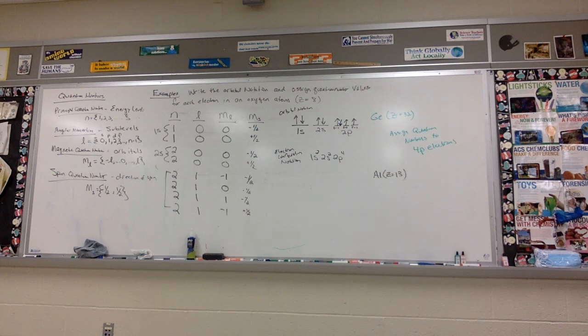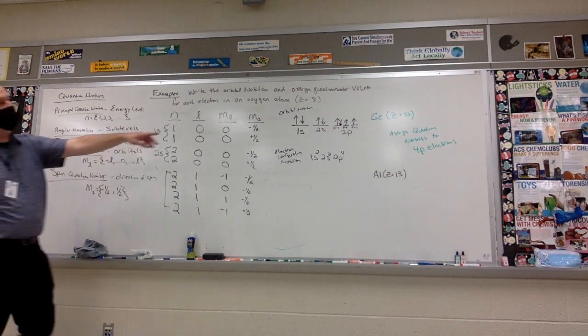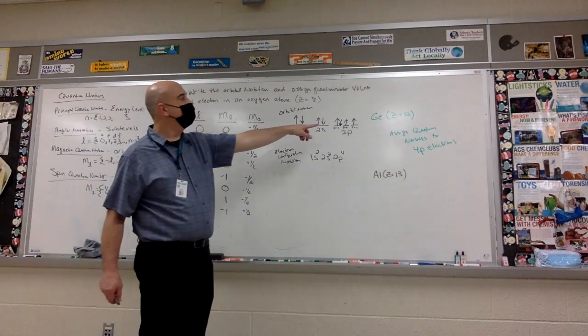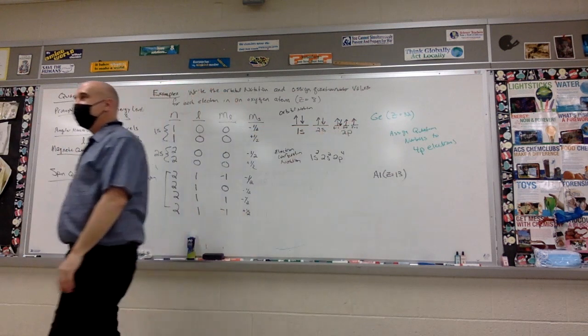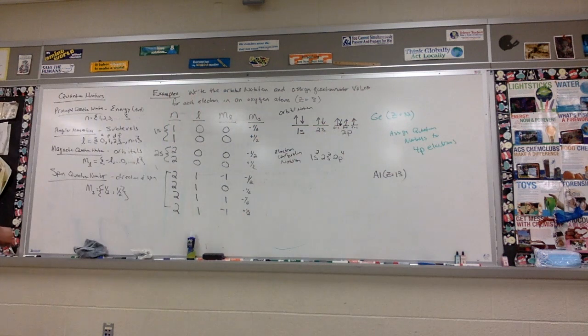Now you have aluminum, so you're going to have enough electrons to fill up the 2p sublevel. Well, how many spaces are still available? Pair these up, right? If you can do that, we'll look at it.